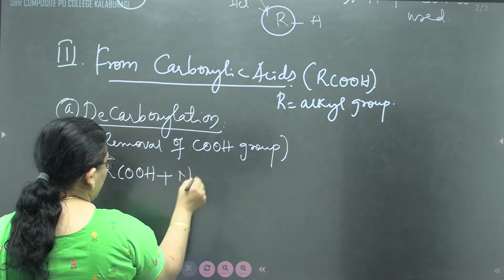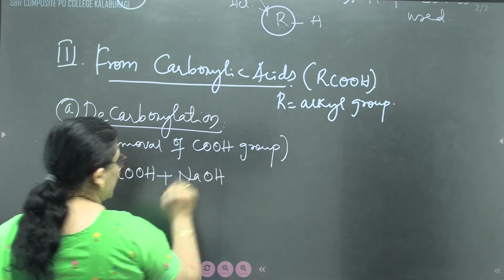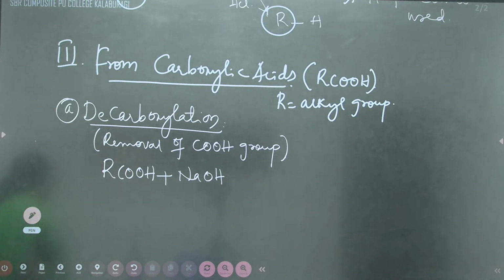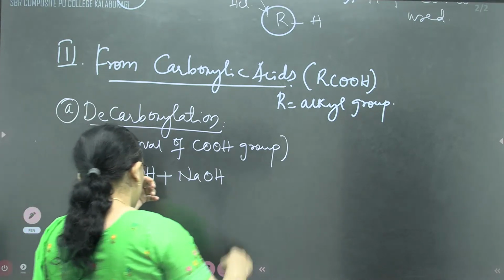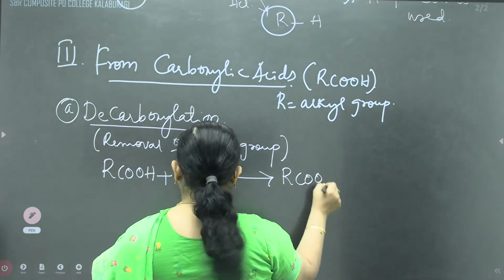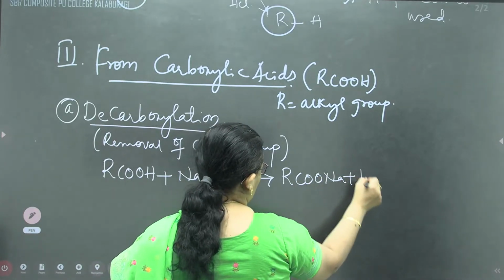When carboxylic acid is treated with sodium hydroxide solution, it is a neutralization reaction, and we prepare the sodium salt of carboxylic acid, RCOONa plus H2O.